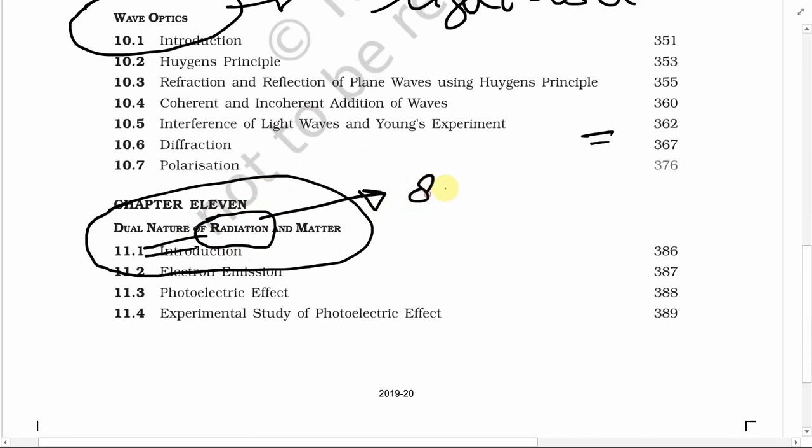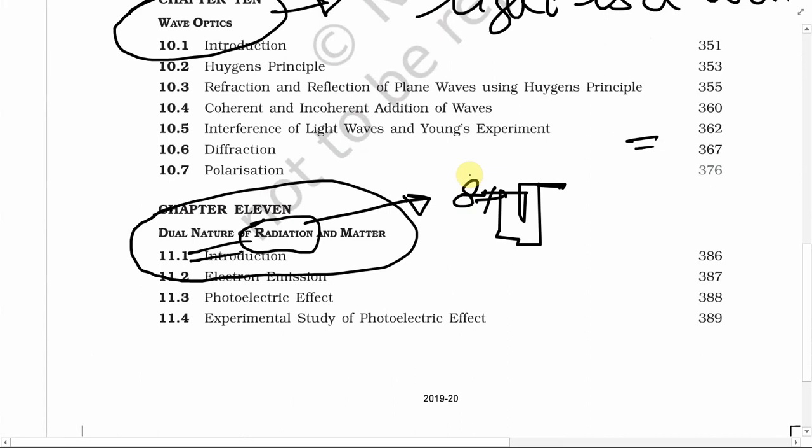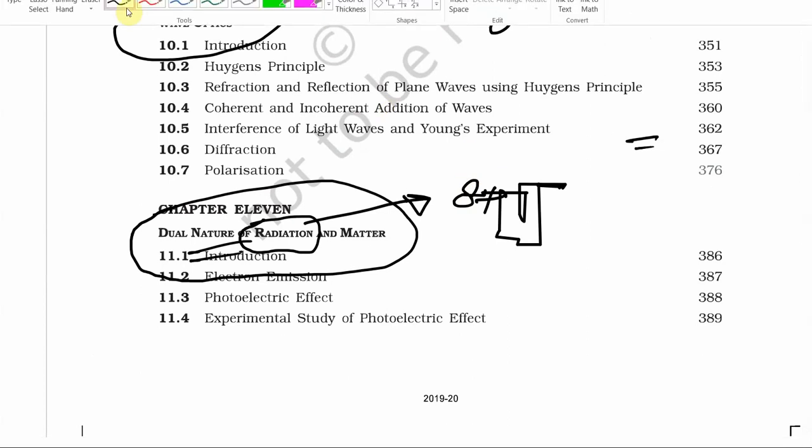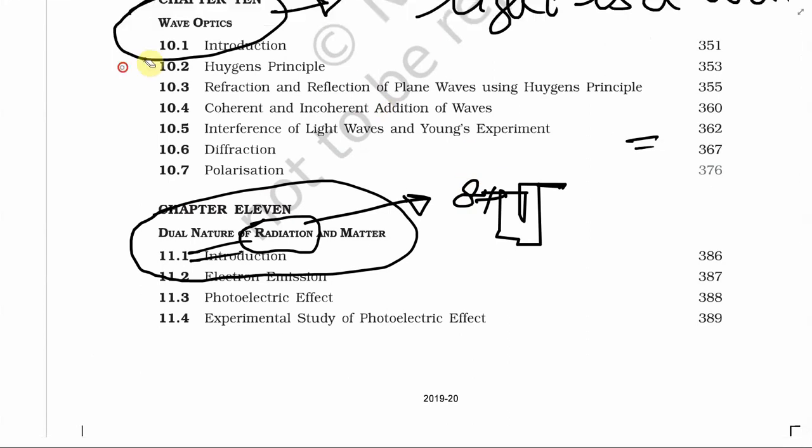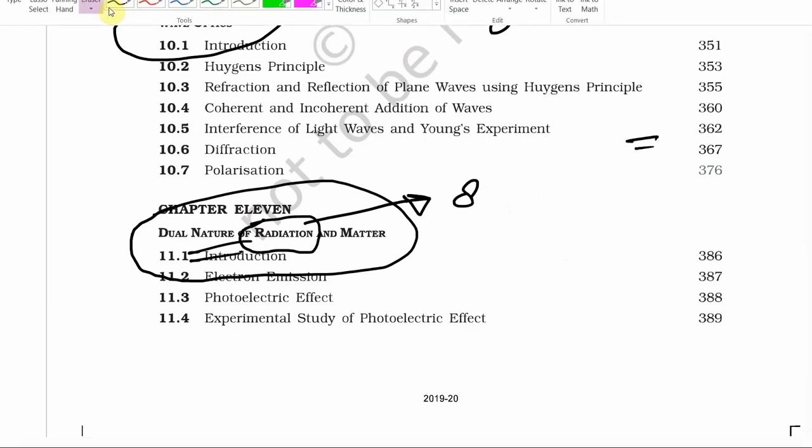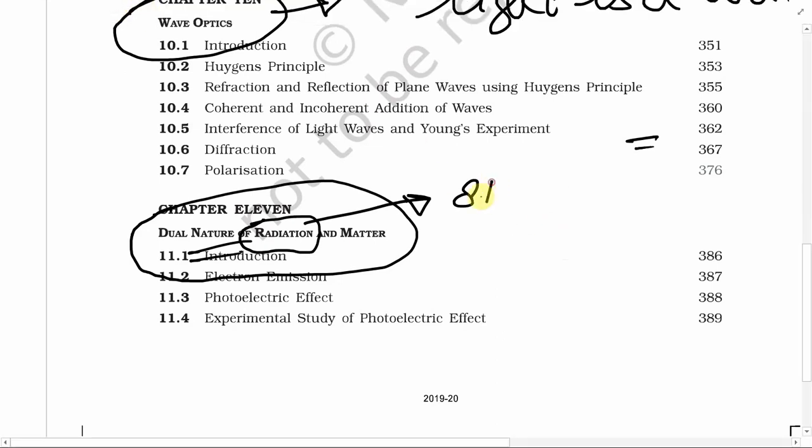That is the eighth chapter of the syllabus, and its name was electromagnetic waves. In that chapter, we'll come to know that light, radiation, and electromagnetic waves are all the same thing.